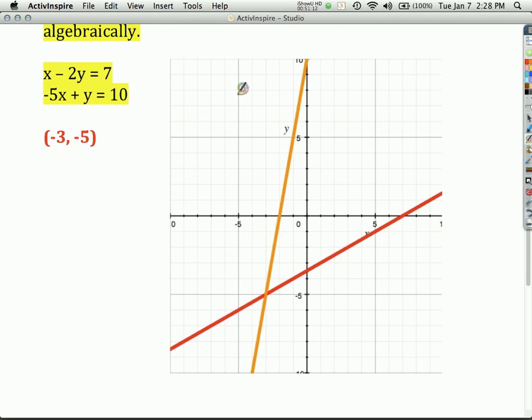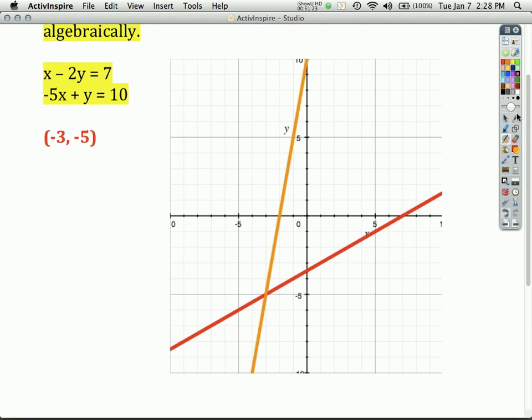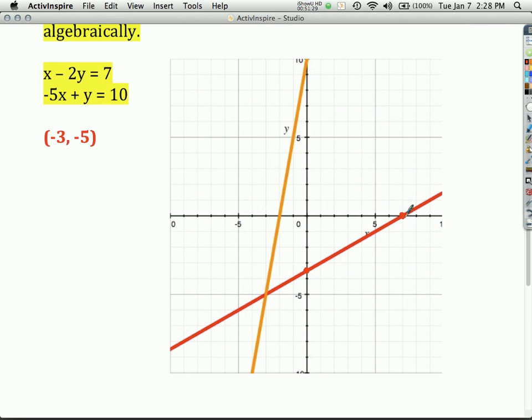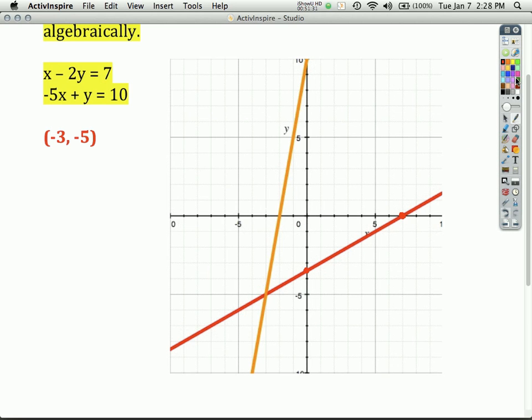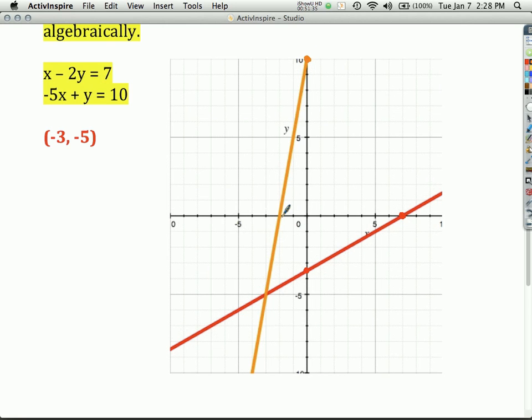One of the intercepts comes out to a somewhat ugly number, not really that bad, but comes out to -3.5. One of the intercepts was -3.5 and 7. And then for the orange one, it was 10 and -2.